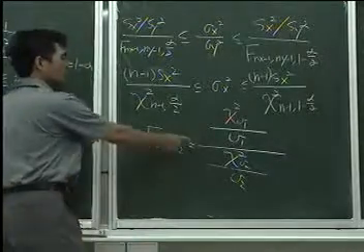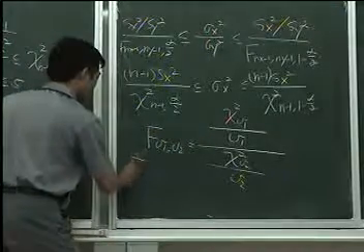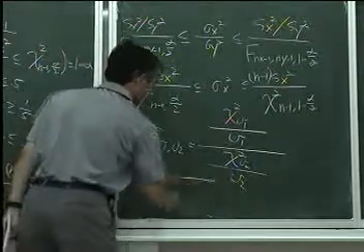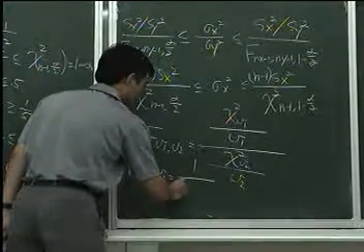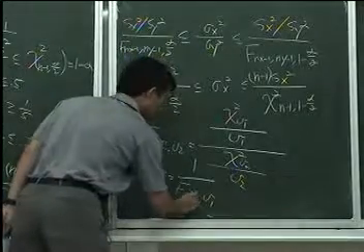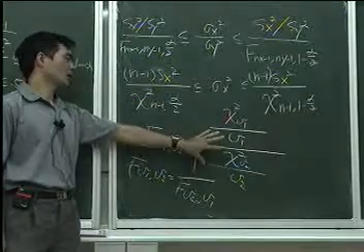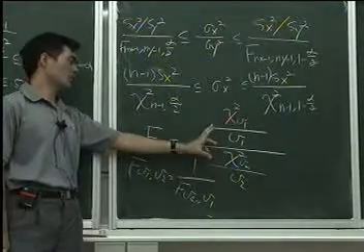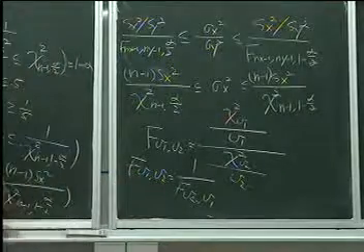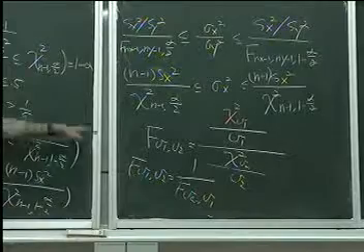As we showed before, F_{V1,V2} is equal to 1 over F_{V2,V1}. You get the reciprocal of that. Any questions?